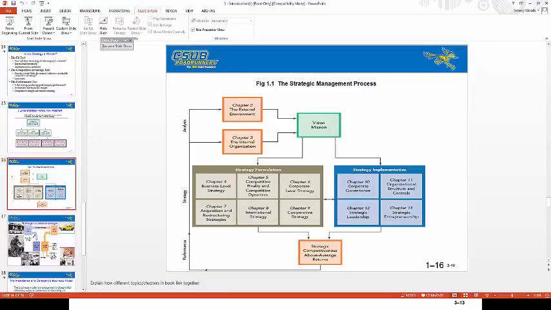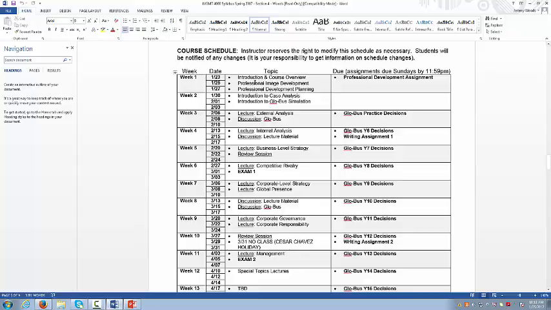Somebody had asked me last time how the chapters in the book match up with the lectures that we're talking about here. I've got a map of all of the chapters of the book here, and I'm going to explain right now how they map up with the syllabus. So we've got introduction and course overview here in week number 1.